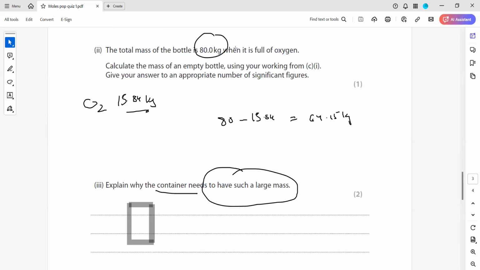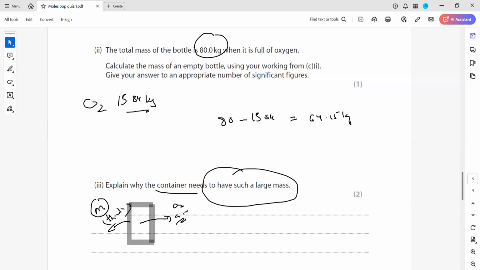The gas containers are hollow, like inside it is trapped air or oxygen in this example. So outside the walls are there, and because it is having a high mass, it means the walls are very thick.